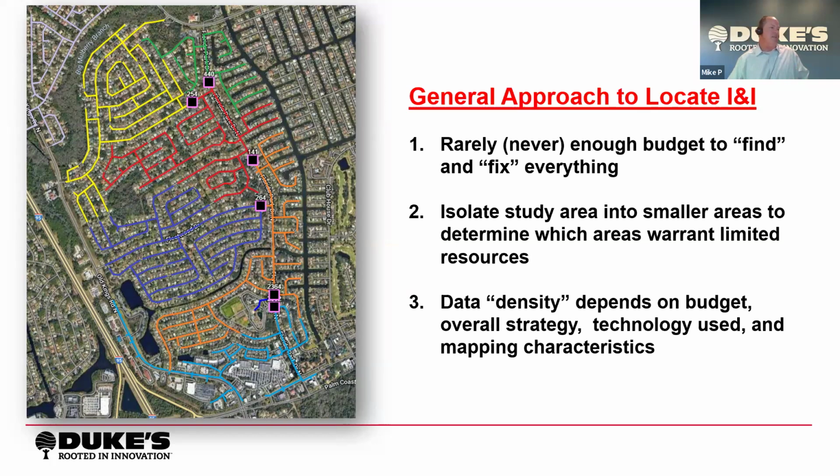So the density that I'm referring to would be, if there was a different budget or a desire to drill down further, there's no reason that instead of having these 6, it could be 12, it could be 18, but that 18 is probably going to close to triple the budget, or it could just be 2 if the budget's limited. So budget is certainly a big part of this. And then the overall strategy, the technology, and mapping characteristics, and then other factors, but those are certainly the main ones.